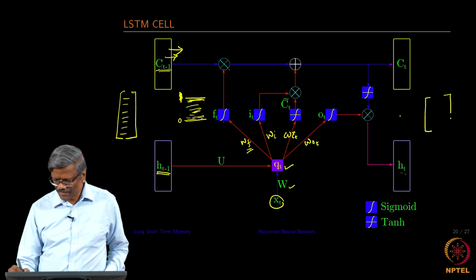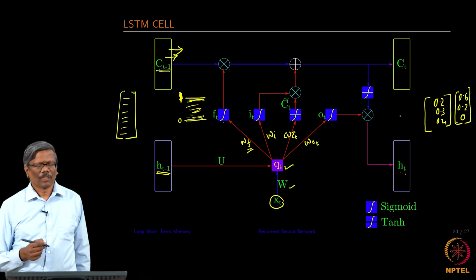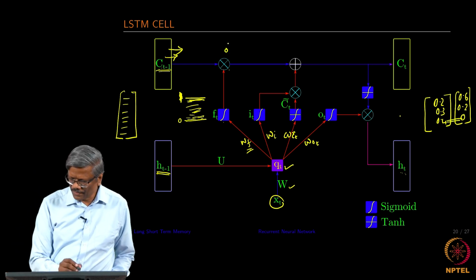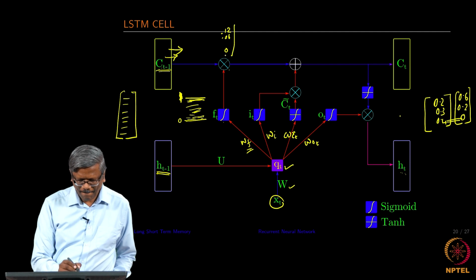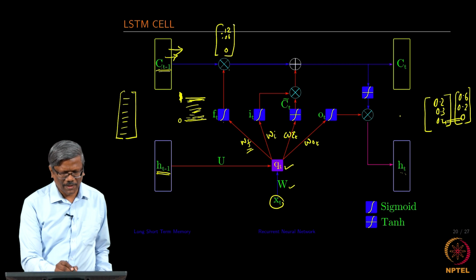Supposing, let us say this is... Okay. So, this becomes 0 here, right. So, it becomes like 0.1 to 0.6 and so on, correct.